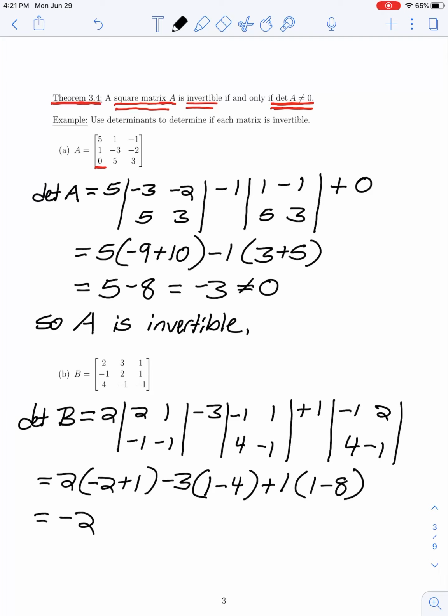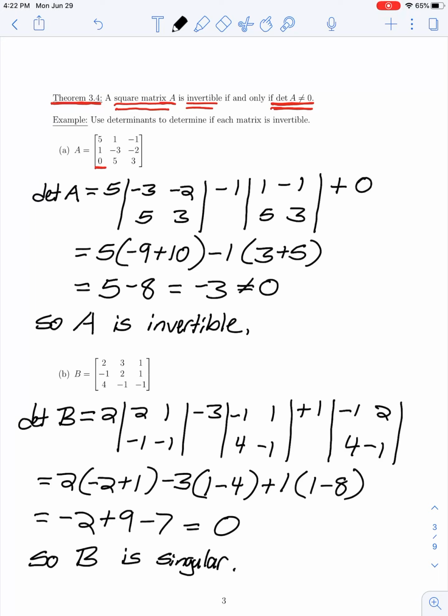Our -3 times -3 gives us a plus 9, and then 1 times -7 is -7. So we're left with 9 minus 9, which is 0, and a 0 determinant means that the matrix B is singular. An inverse does not exist according to Theorem 3.4.